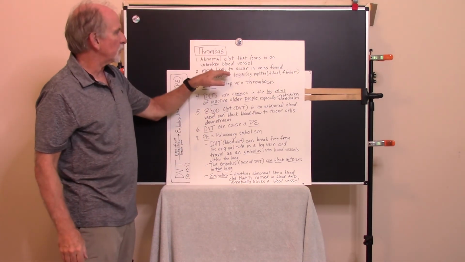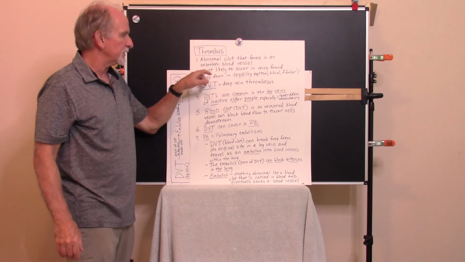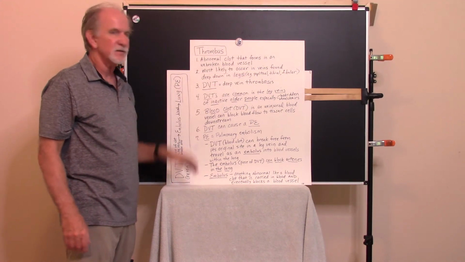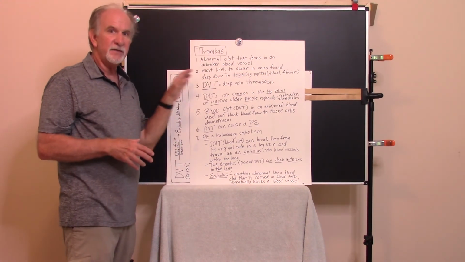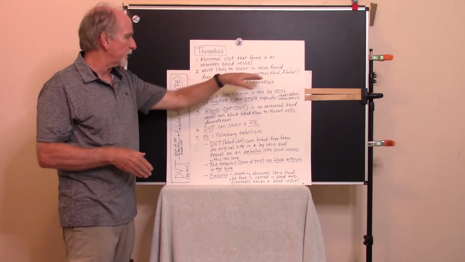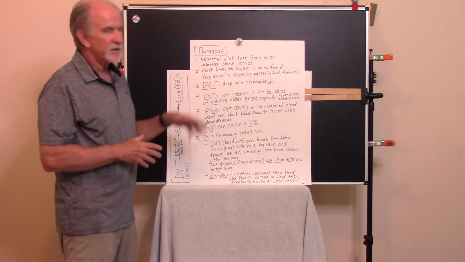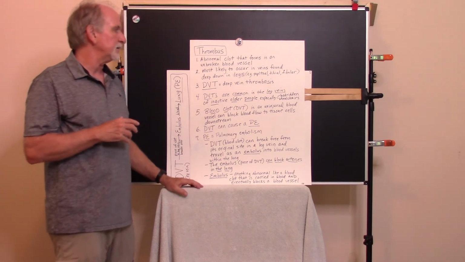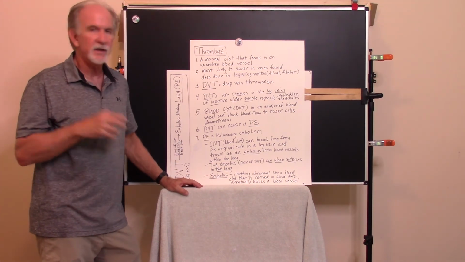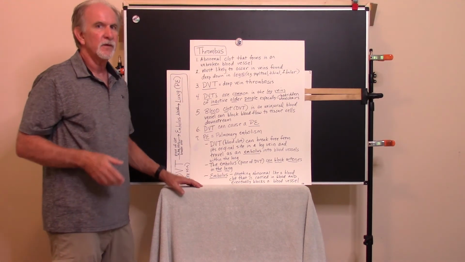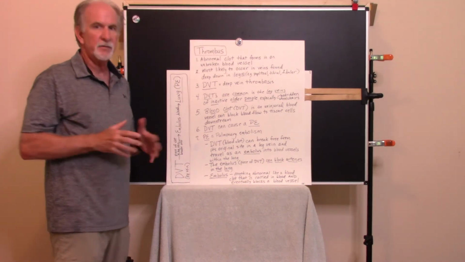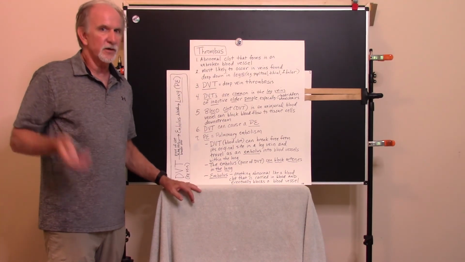And when an abnormal clot or a thrombus forms in the deep veins in the legs, you get what's called a DVT, or deep vein thrombosis. Now, DVTs are kind of common in the leg veins of inactive older people who don't move around that much, maybe those in nursing homes.